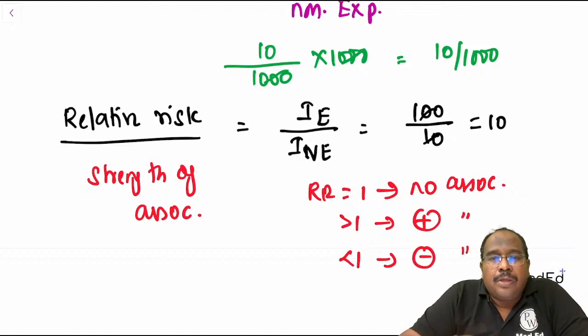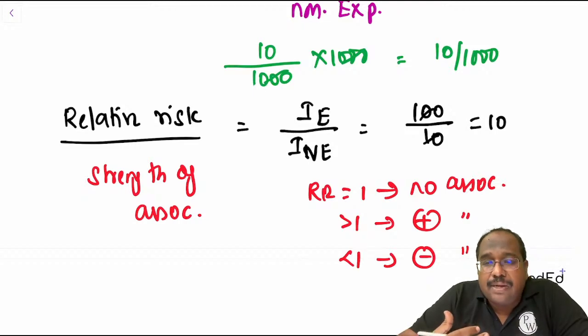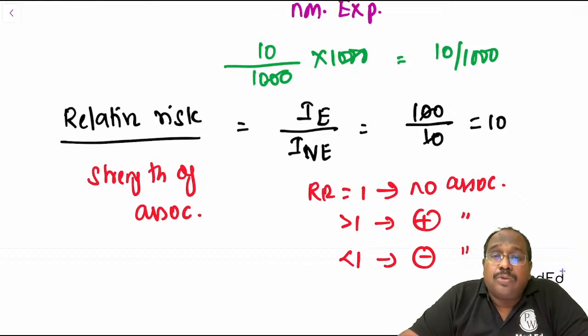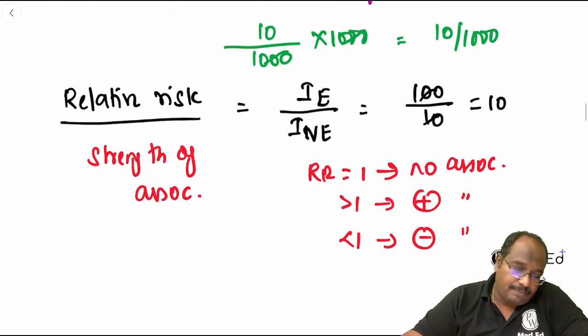So here it is 10, a positive association. Those who are chewing tobacco are 10 times more likely to develop oral cancer compared to controls.